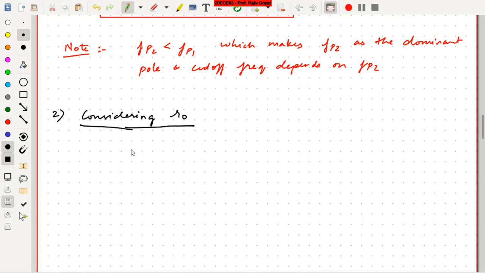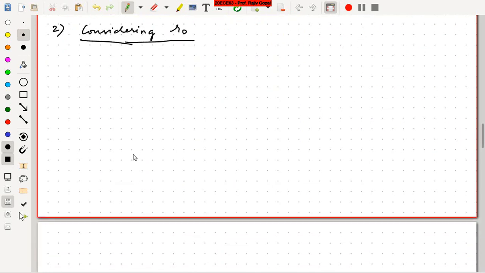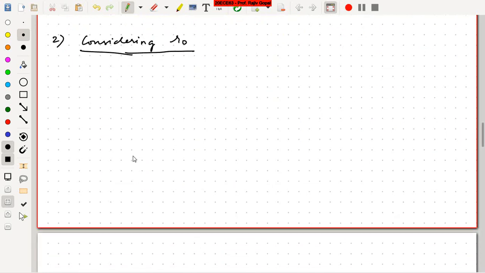So if I consider R naught, what happens? Here in my circuit diagram, I have two capacitances. One is CGS. The other one is the parallel combination of CL and CGD. So once I'll consider CGS at one time, and find out the time constant with respect to CGS.